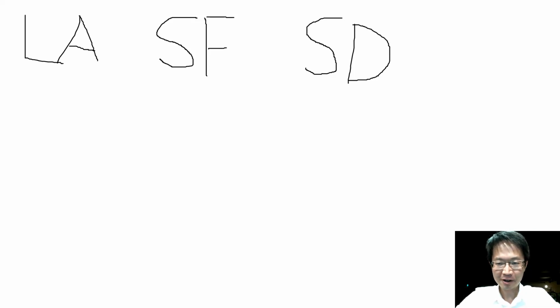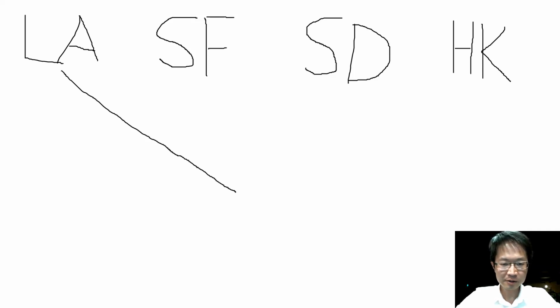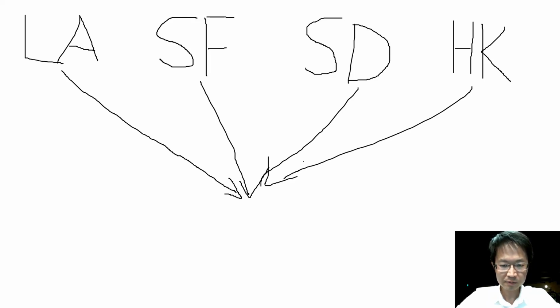And then we go to Hong Kong. We also see earthworms coming out after raining. Because we repeatedly see the same phenomenon in different places all over the world, then we can form a hypothesis to explain that.